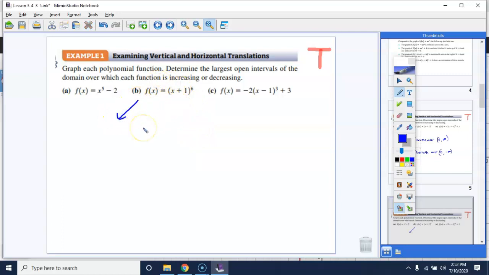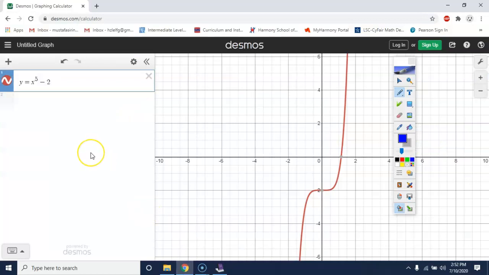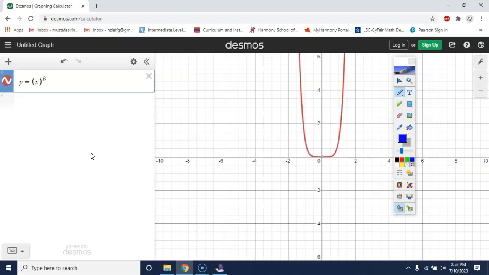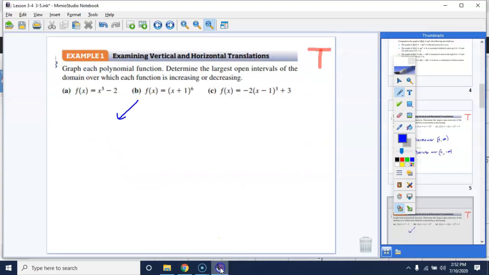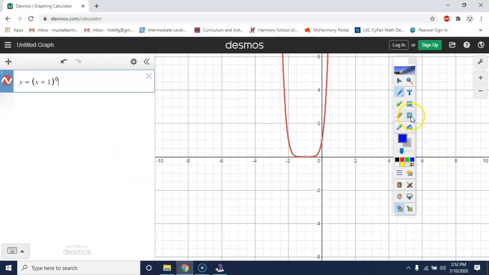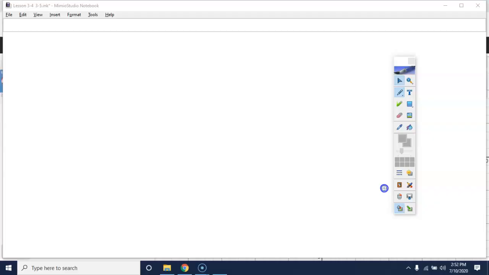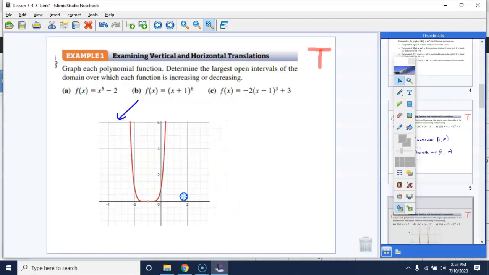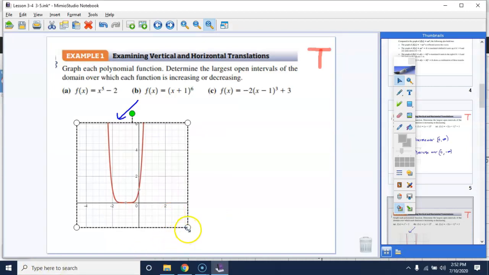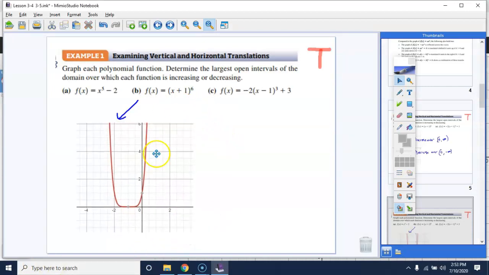And so let's have a look at B here. Let me do B here, x plus 1 to the 6th power. Let's go over here. So as you see, that's my function, everyone. It has been decreasing here, right?